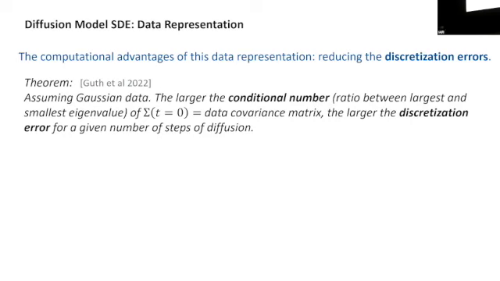The condition number is the ratio between the largest and smallest eigenvalue, once you have normalized your variance matrix. That just says that the more you have to change your covariance structure, the more discretization error you make. Okay, that makes sense.